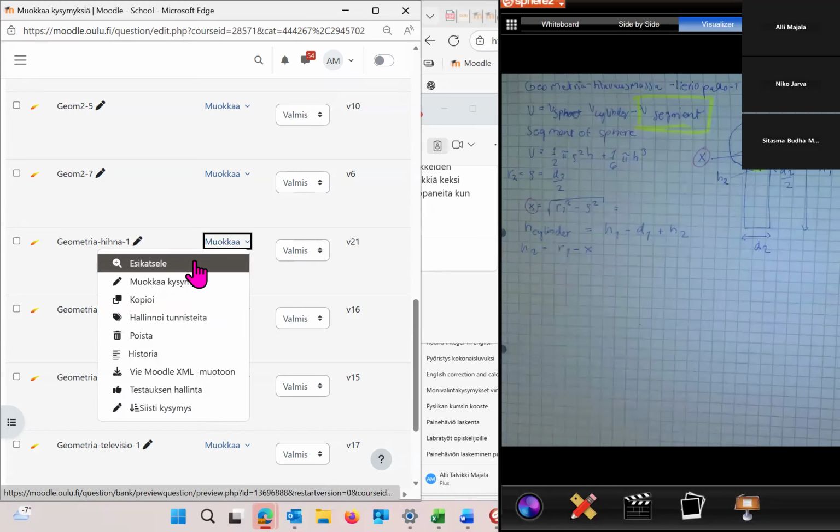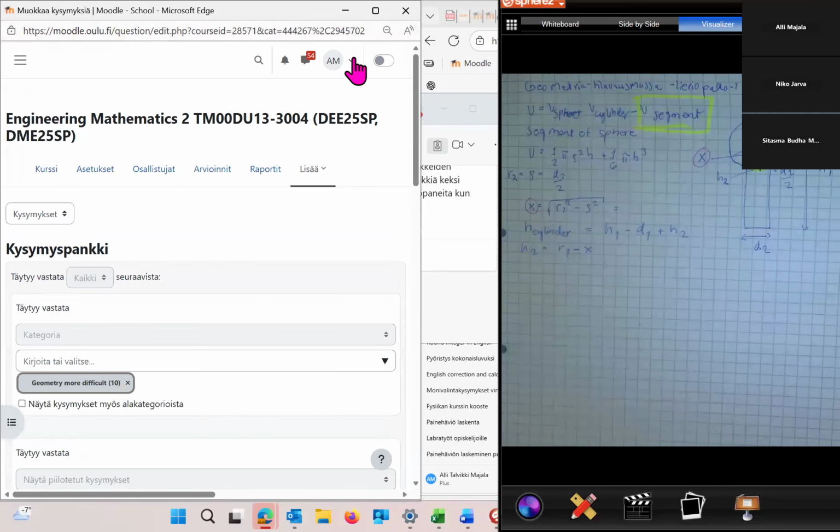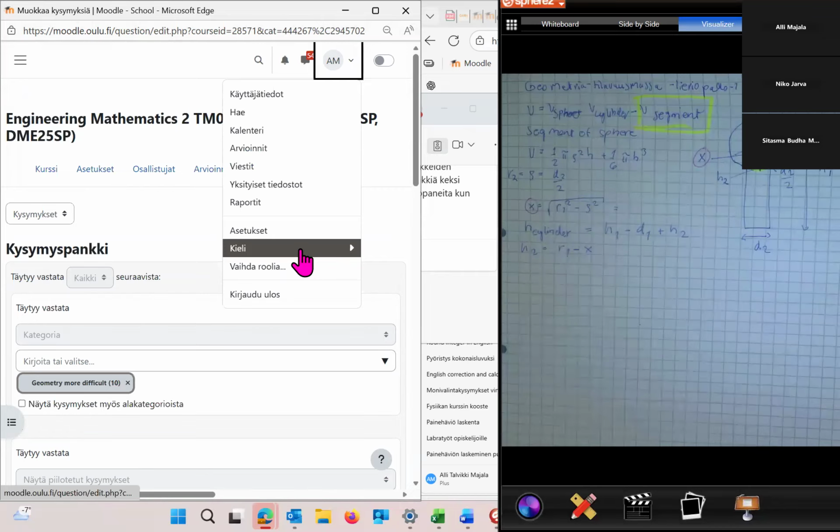Okay, let's just take this because it calculates correctly. Now I have to change the language still. For some reason, this is always in Finnish when I start.